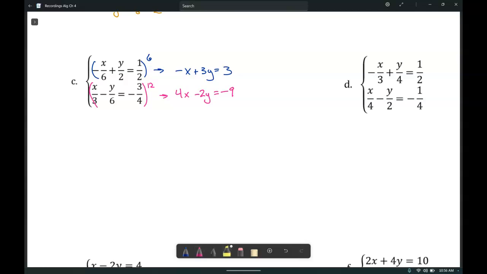Now, none of them are isolated as of now, but it looks like -x will be the easiest to get by itself, because if the coefficient of one of the variables is either 1 or -1, then that's going to make our life a little bit easier as we want to get ready for substitution. So let's take -x plus 3y and get x by itself. Now that x is isolated, we can go ahead and substitute in for the second equation.